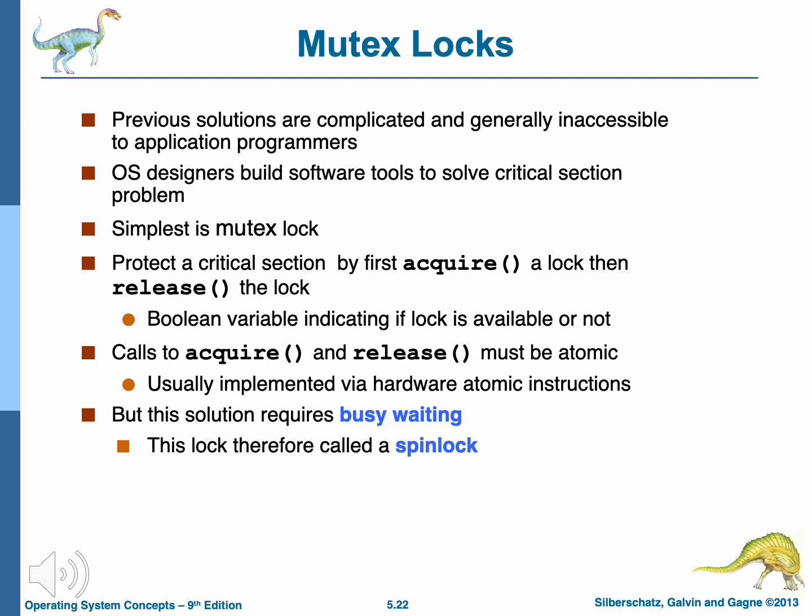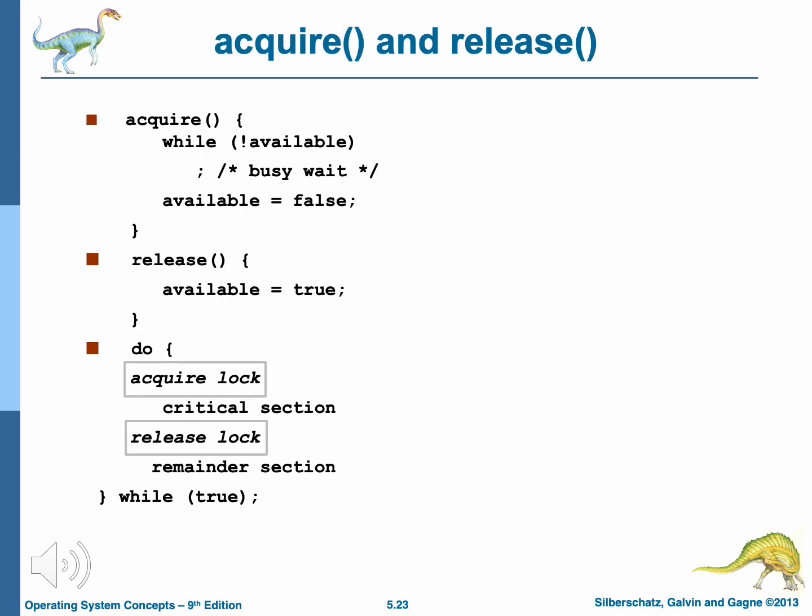Later in this chapter, we examine how mutex locks can be used to solve classical synchronization problems. We also discuss how these locks are used in several operating systems as well as in pthreads. This figure shows the definition of acquire and release functions and also the solution to the critical section problem using mutex locks.